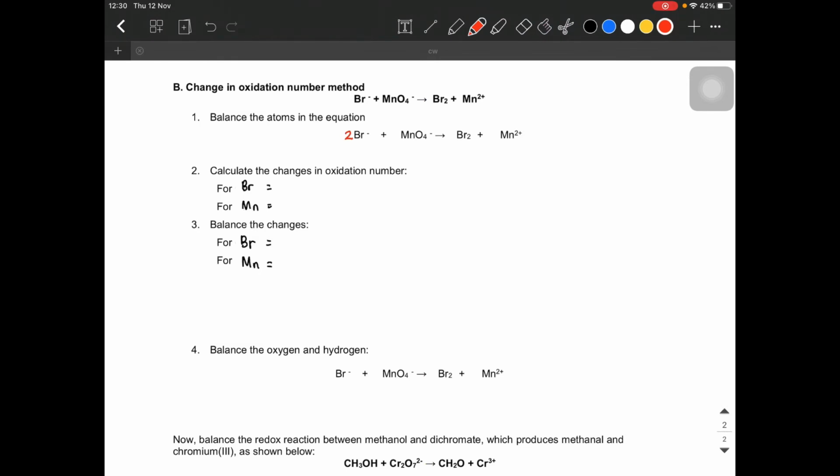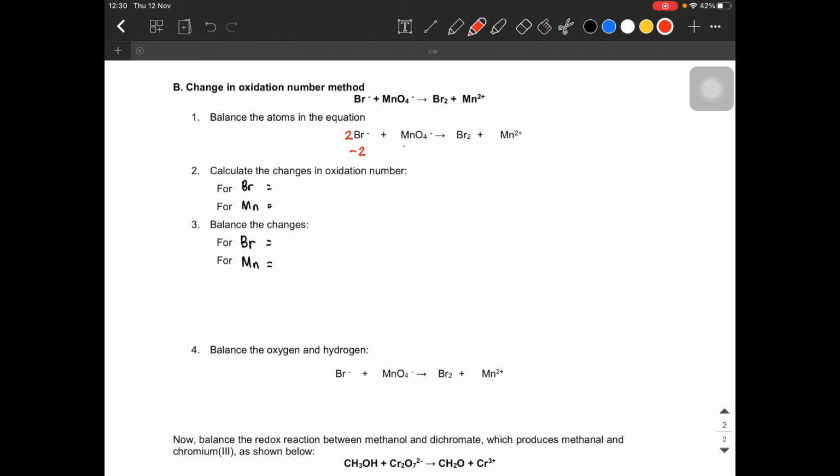Next, we have to identify the oxidation number of each substance that is being oxidized or reduced. Since we already added 2 here, for this method we need to multiply by 2 the charge, so the charge will be negative 2. The total charge of bromine here is negative 2.